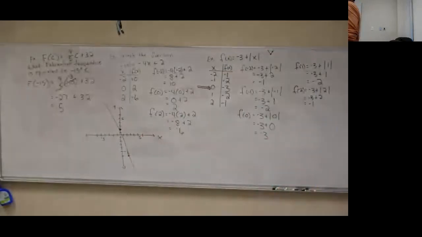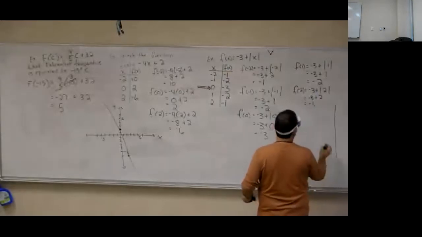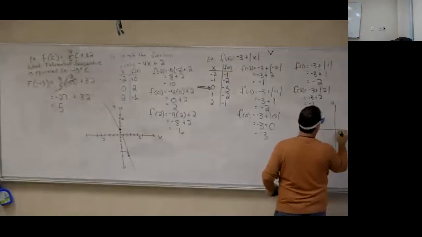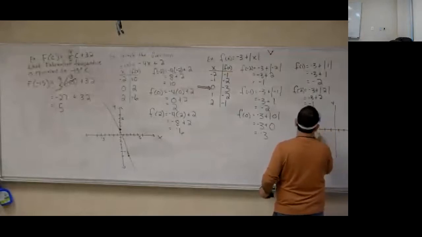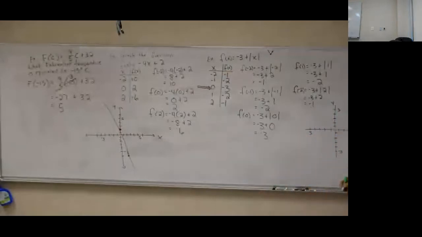After that, you can pick any of the other 4, plot for the second point, it'll draw the whole V for you, okay?